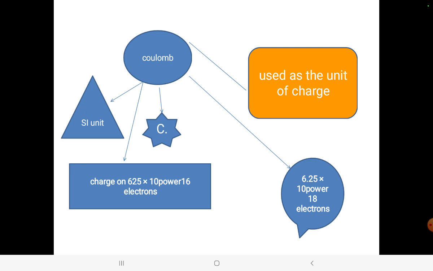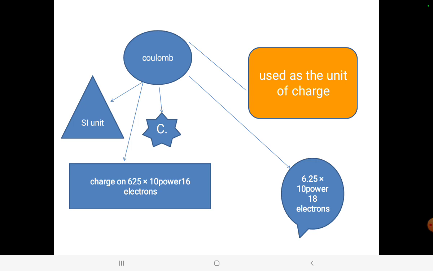by 100, right? 6.25 into 10 power 18 by 100 becomes 625 into 10 power 18 minus 2, that is 10 power 16. So that is 625 into 10 power 16 electrons.